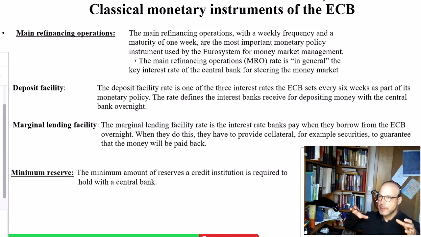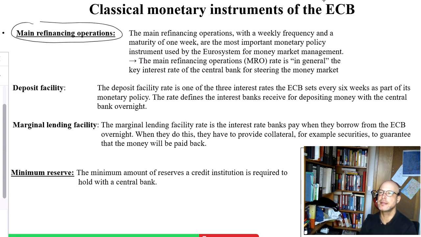So in every month, every commercial bank is calculating their balance sheet, what kind of assets they have, and due to this, they need a specific ratio of central money. And for this, every month, the commercial banks apply at the central bank for central bank money, and then they obtain this money for a special interest rate, and this is the so-called main refinancing operations.